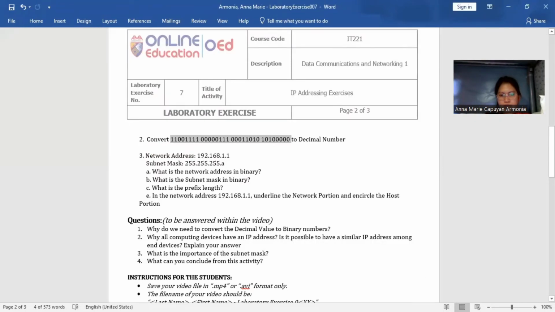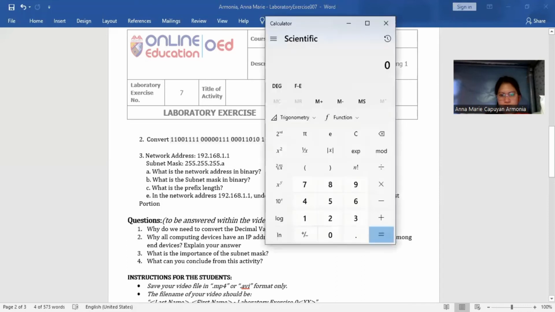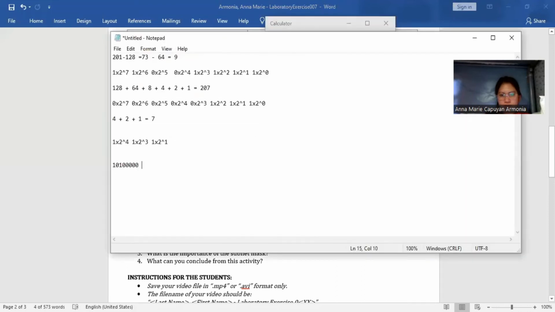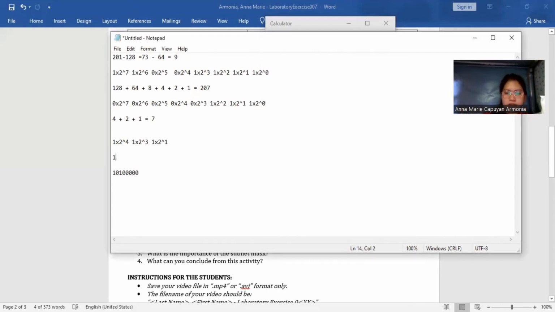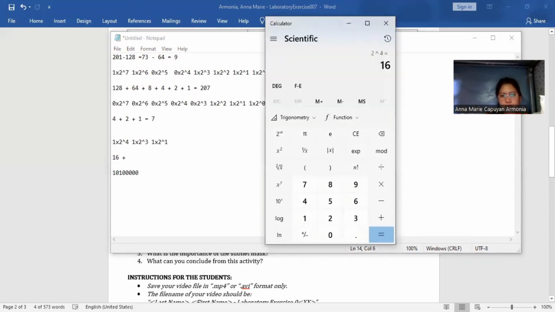Okay, so we have 2 to the power of 4. 16. Okay, I'm correct. I do have a calculator, but I don't know where I put it.